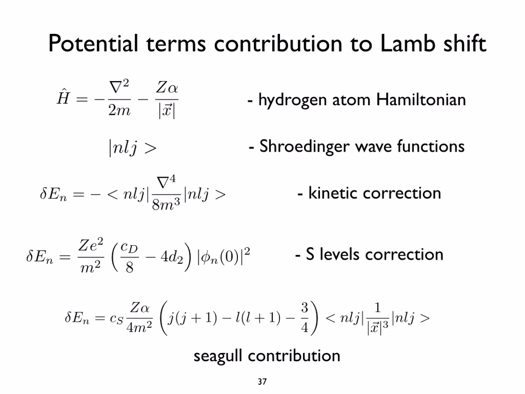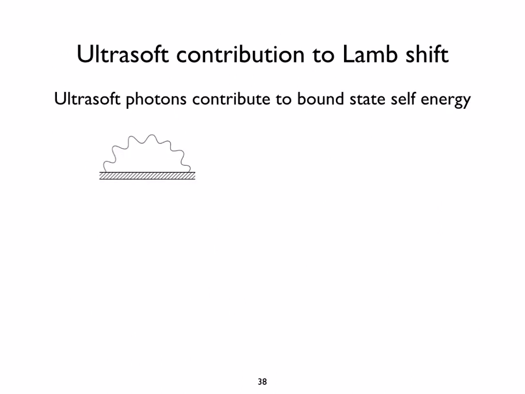The next step is to evaluate the contribution of ultrasoft photons to the Lamb shift. In the given order, they contribute to the bound state energy, which changes energy levels. If we work in Coulomb gauge, then the contribution from the zero component of the electromagnetic field will be 0.